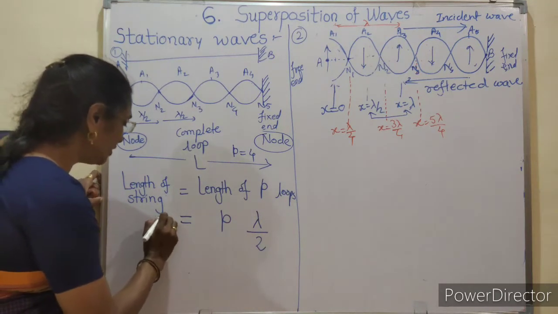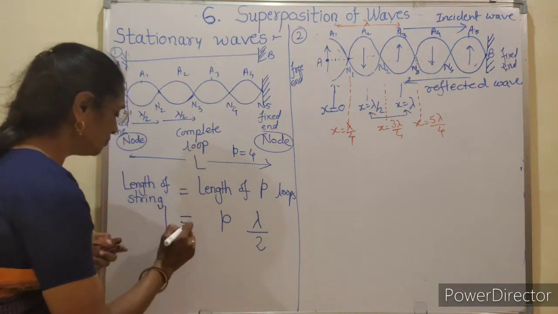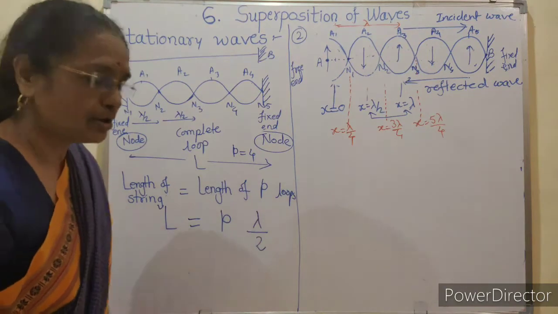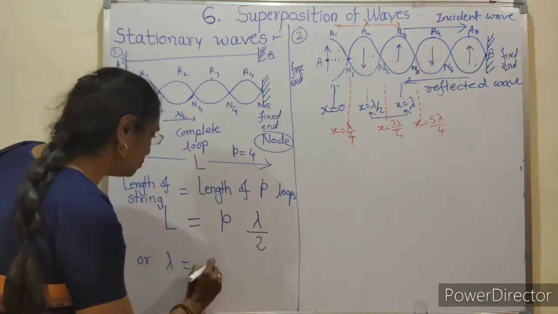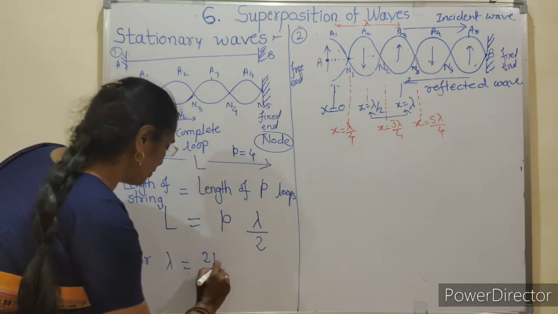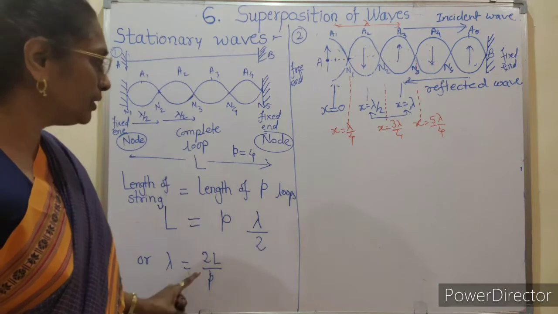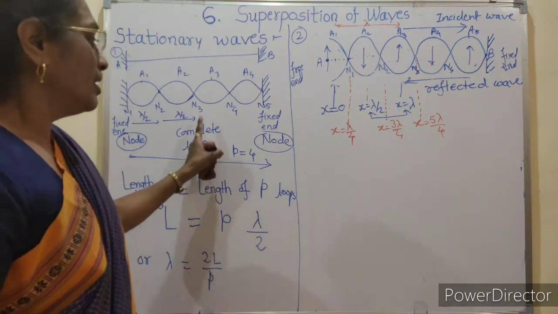So we write here length, suppose it is denoted by L. So L is equal to P into lambda by 2, or also we write lambda is equal to twice L upon P. So this is one formulation we can use in solving the numericals.